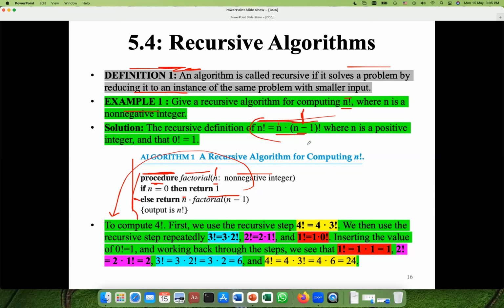This is according to that definition, okay? Nothing else. N multiply, and then we are calling this method again with this input value. And what is that input value? If you have n is 5, then 5 minus 1, now you have the 4.